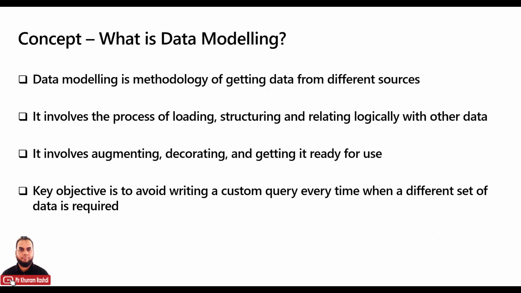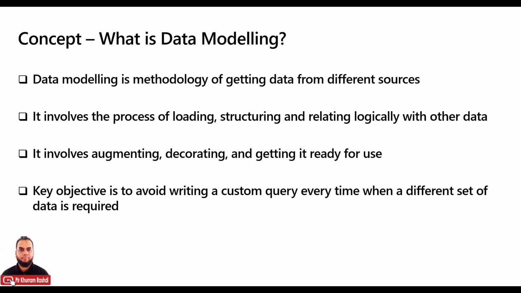So what is data modeling? Data modeling is the methodology of getting data from different sources. It also involves the process of loading, structuring, and relating that data with other data. It is just like an entity relationship diagram, if you have seen one in RDBMS or relational database management systems, where you relate tables with other tables.